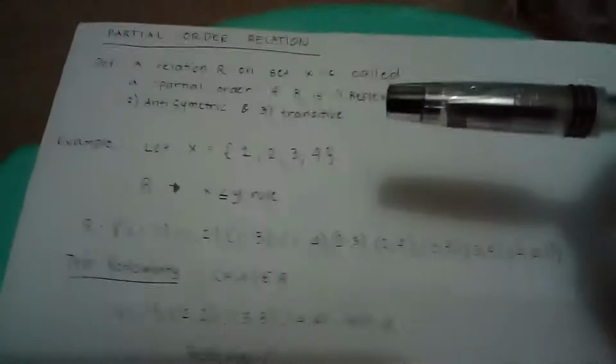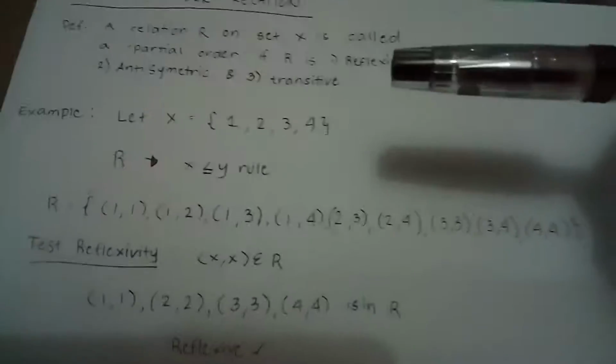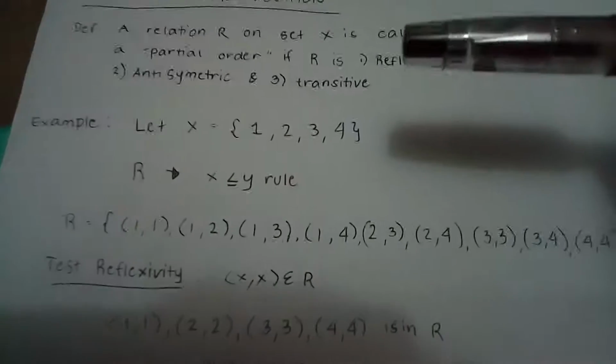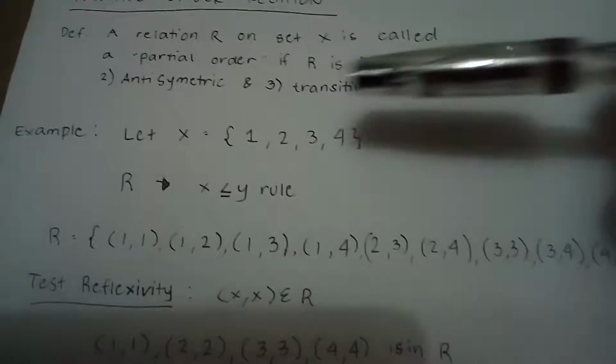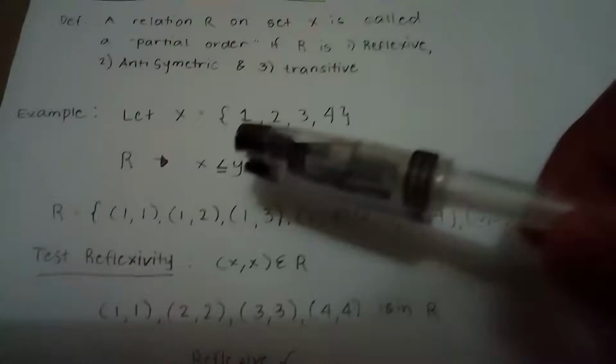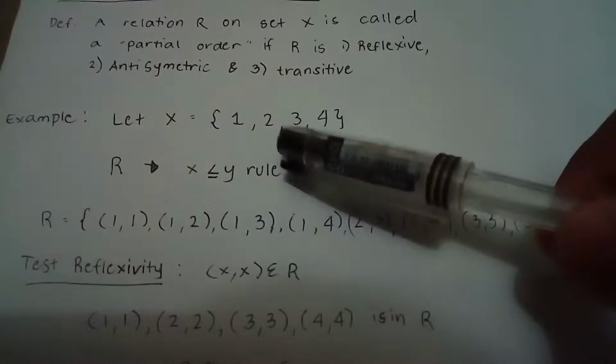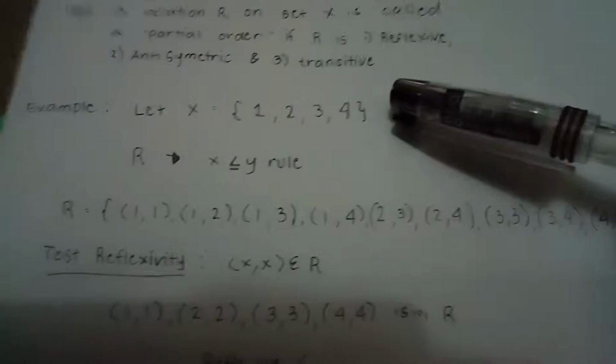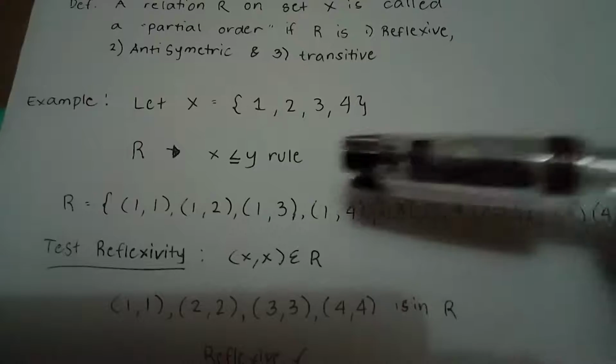So, punta tayo ng isang example. So, ito yung ating set. Let X be equal to {1, 2, 3, 4}. So, para makuha yung ating relation, susundan natin yung x is less than or equal to y rule.